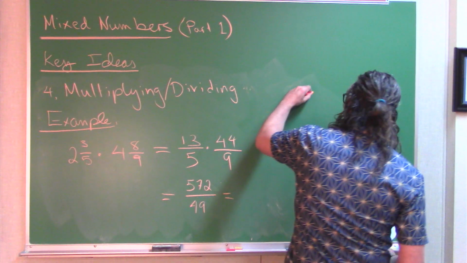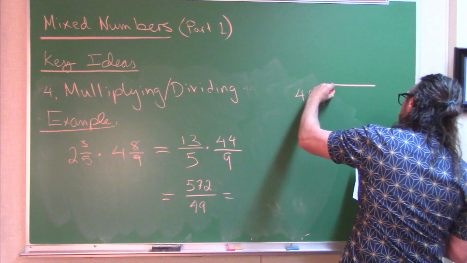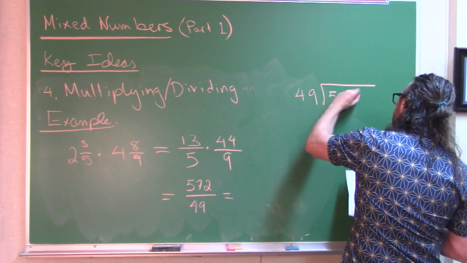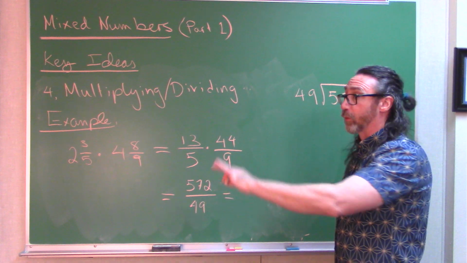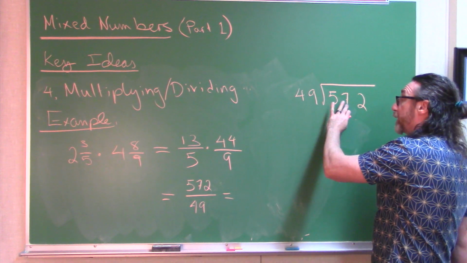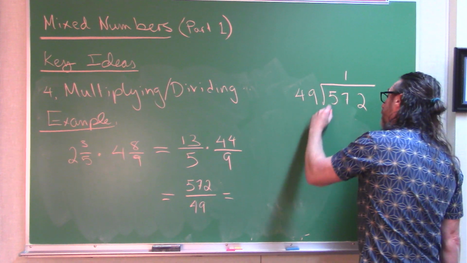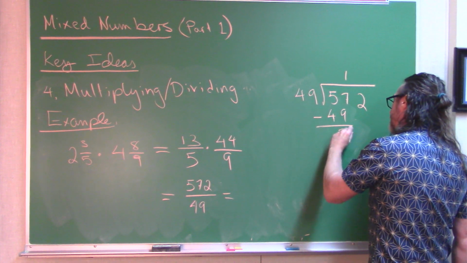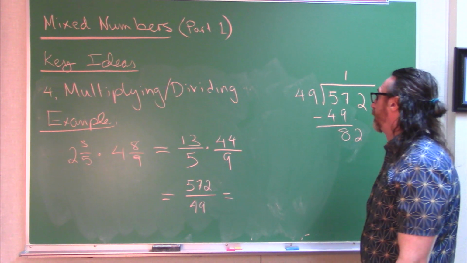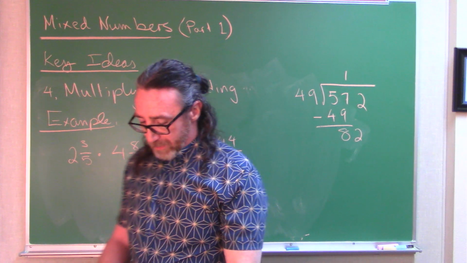Okay, so if I go 49 into 572, okay, 49 goes into 5 not at all. 49 is way bigger than 5. 49 does go into 57 one time. If we do the subtraction here, that's an 8, 82.